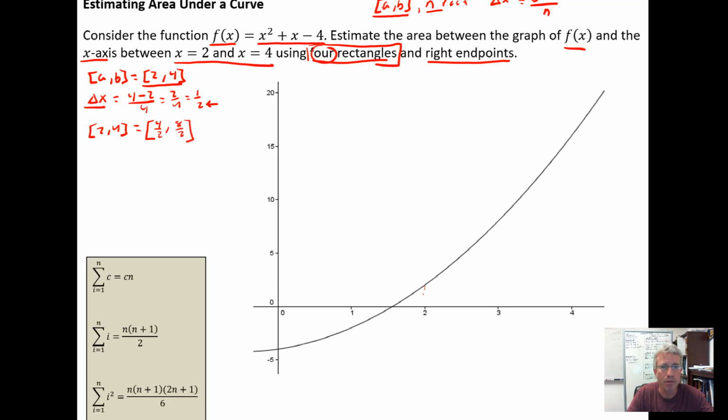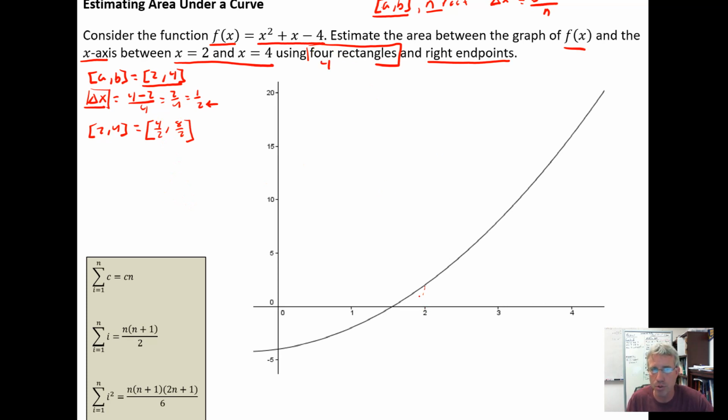So I rewrite the 2 and the 4 in terms of the denominator 2 that I'm going to be using for delta x, the widths of my rectangles. And then I want to go in on the x-axis, and over the interval from 4/2 to 8/2, I want to put in the tick marks that I need to construct my 4 rectangles.